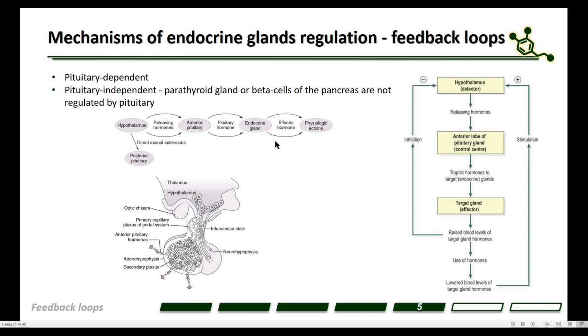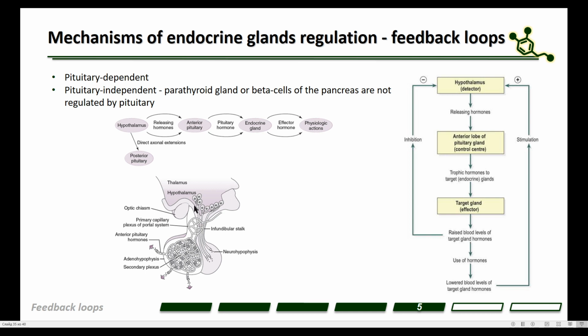This is true for some of the glands, but some glands will be pituitary independent, like the parathyroid gland or pancreas, which will not be regulated by the pituitary or hypothalamus.